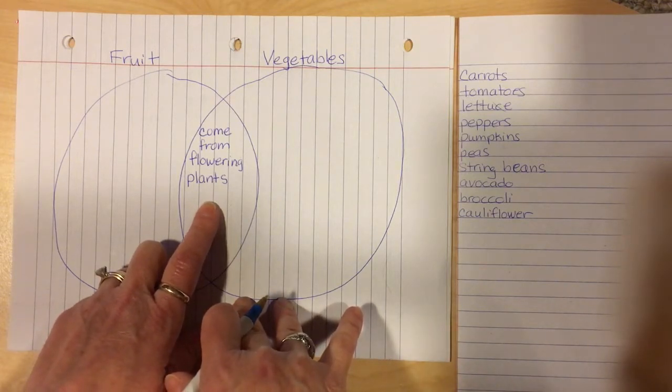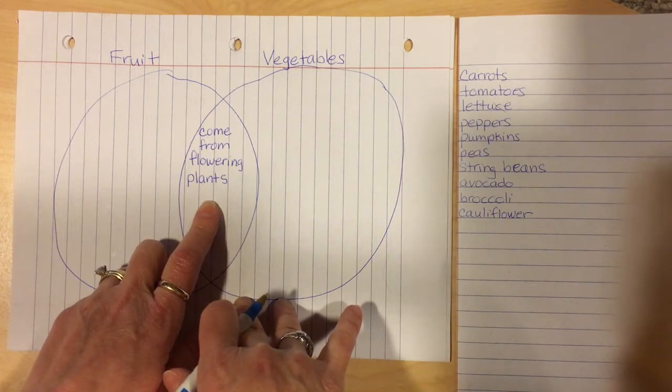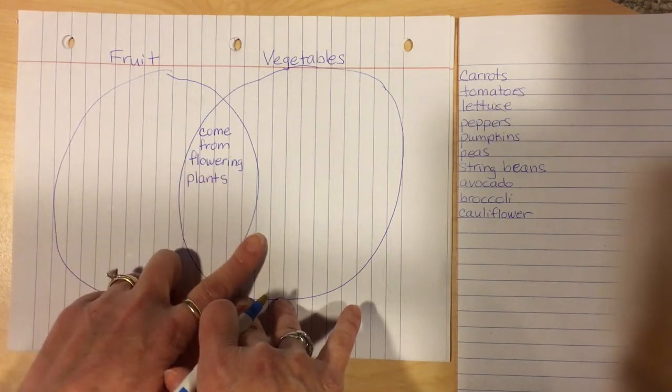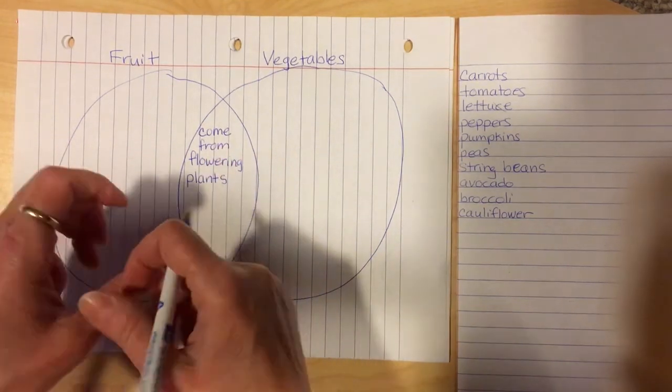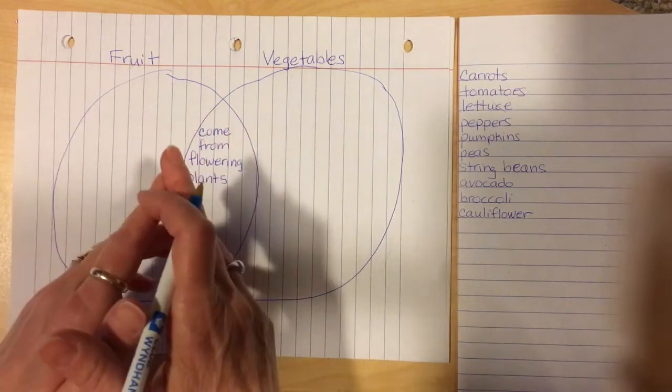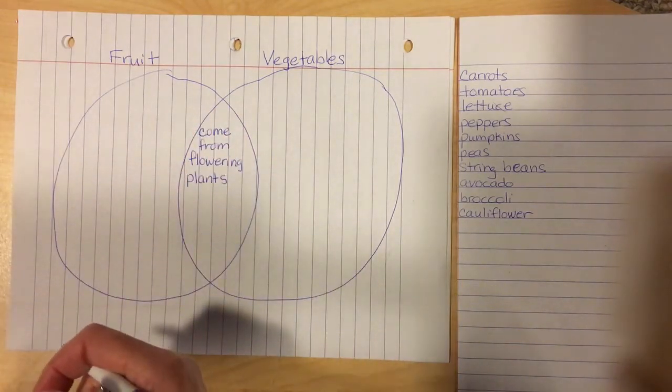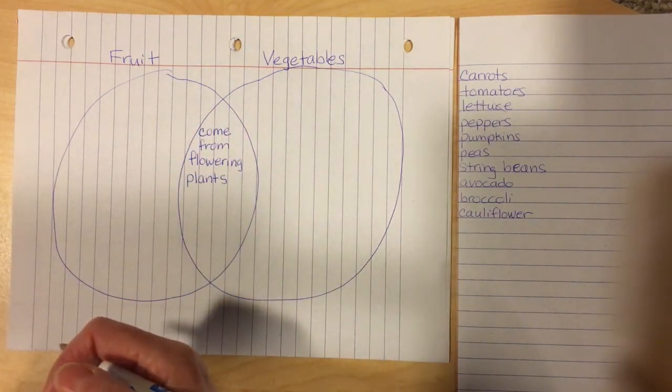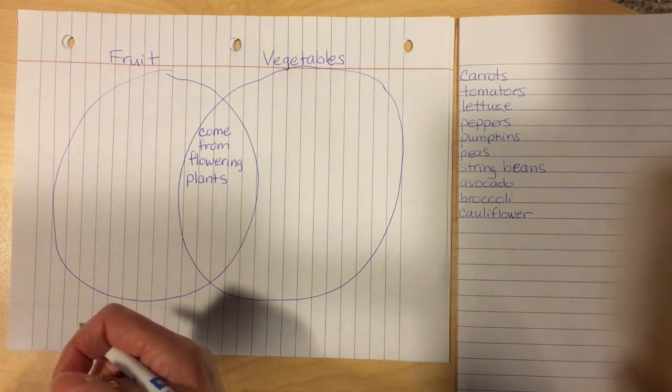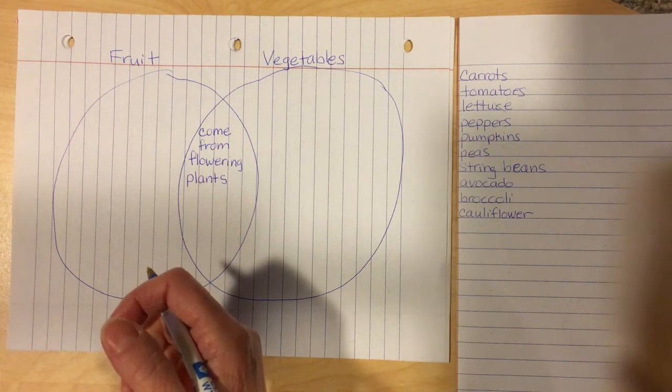Now, also in the Fruit Bowl story, it told us that the edible part of the fruit and the vegetable are different. So edible means the part that we eat. So for fruits, if you remember, the edible part of the fruit comes from the flower.